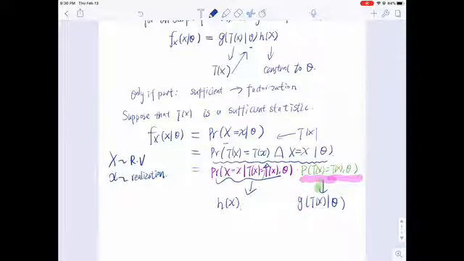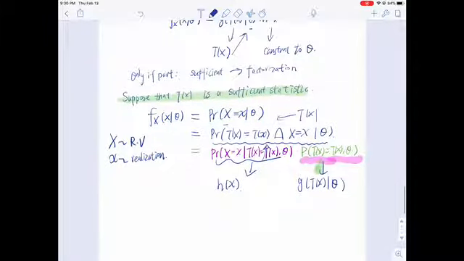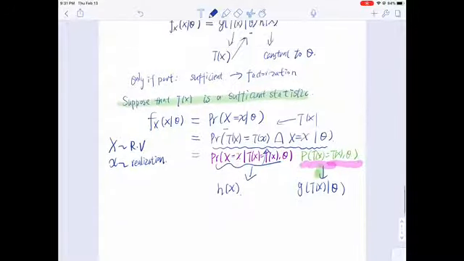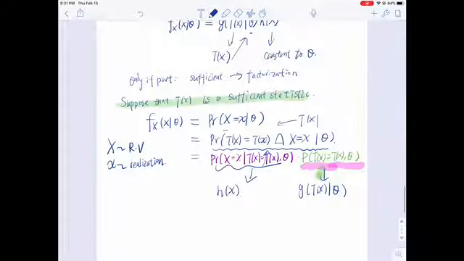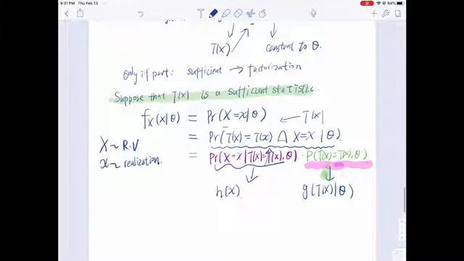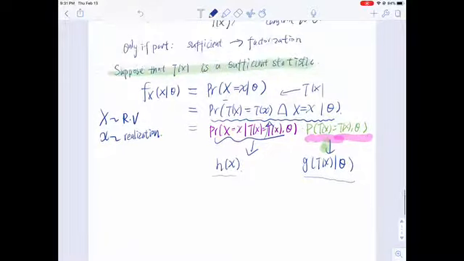It's because we assume that T(x) is a sufficient statistic. Under this assumption, and by definition, given T(x), the original data itself provides no information about theta. That's why this function should not include theta. So we successfully show that if we have a sufficient statistic, then we can factorize the PDF of x into h(x) and g(T(x)).